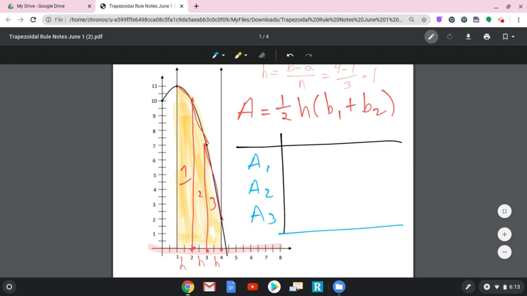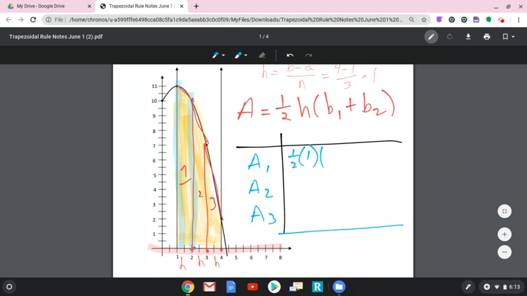If I look at area of trapezoid 1, I have 1/2 times the height of 1. What's my base 1 and base 2? Well, they are the 2 vertical sides. Base 1 would be this segment and base 2 would be this segment. How do I find the length of it? Since it's a vertical segment, the length would be the distance between the y value of 0 and your y value up top.